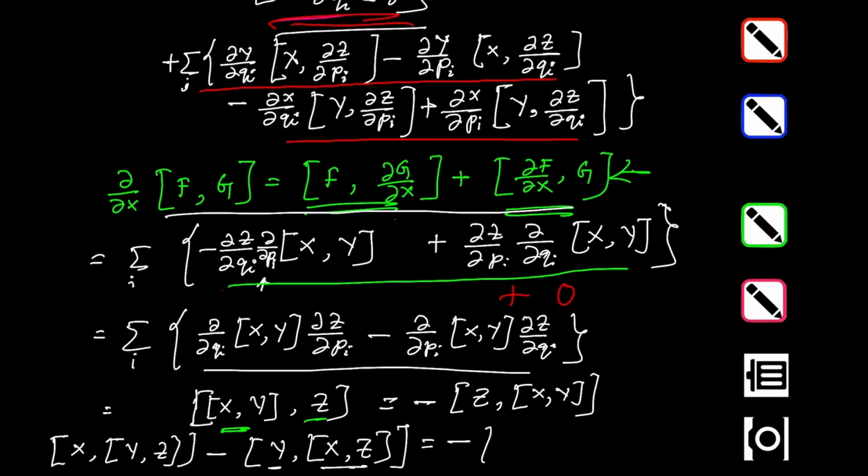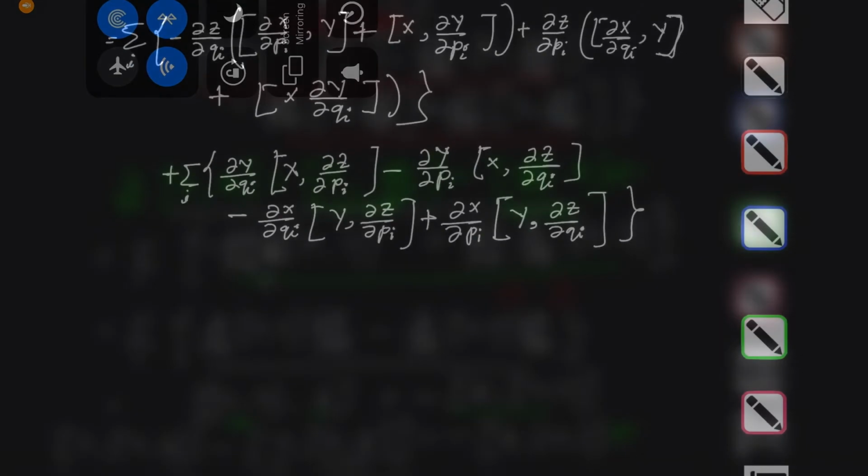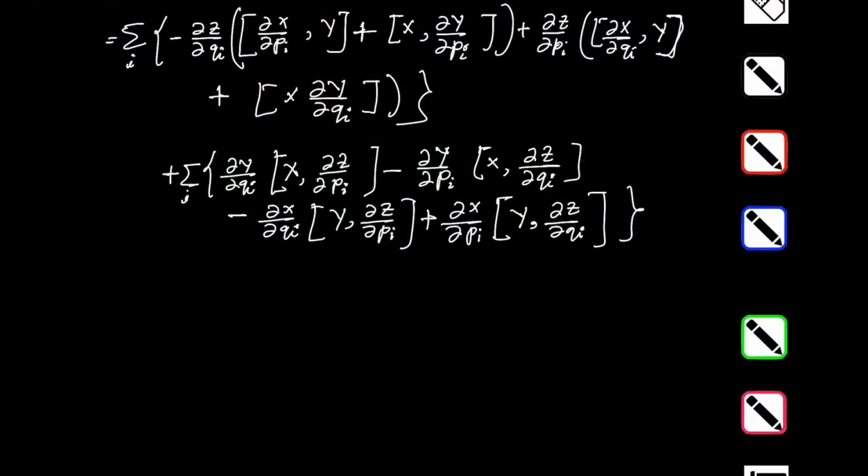That is equal to minus what we have got now, this result: Poisson brackets of z and that of x and y. That is what we have got. So let me rewrite it on another page. You see we have got this result.